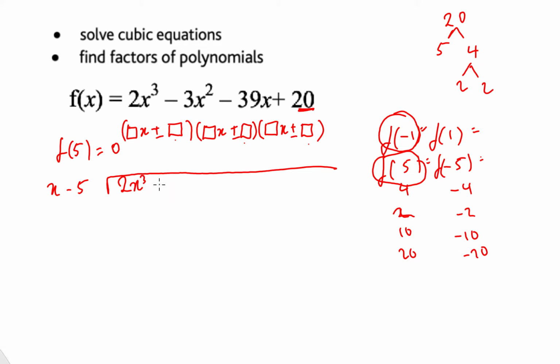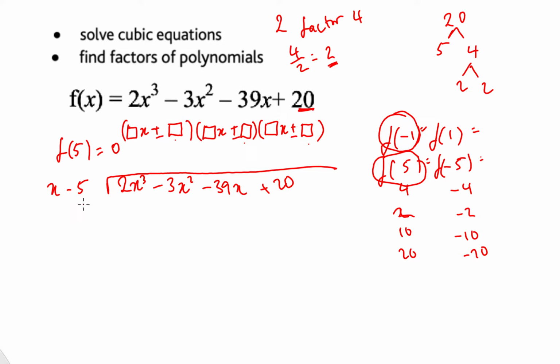2x cubed minus 3x squared minus 39x plus 20. Imagine if I told you 2 is a factor of 4. How do you find the other factor? Well, you do 4 divided by 2, and that gives you 2, which is the other factor. We're going to do the same thing now.